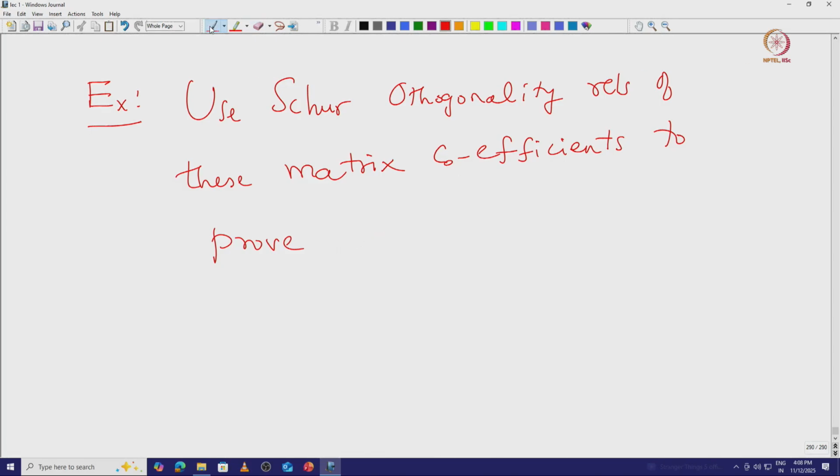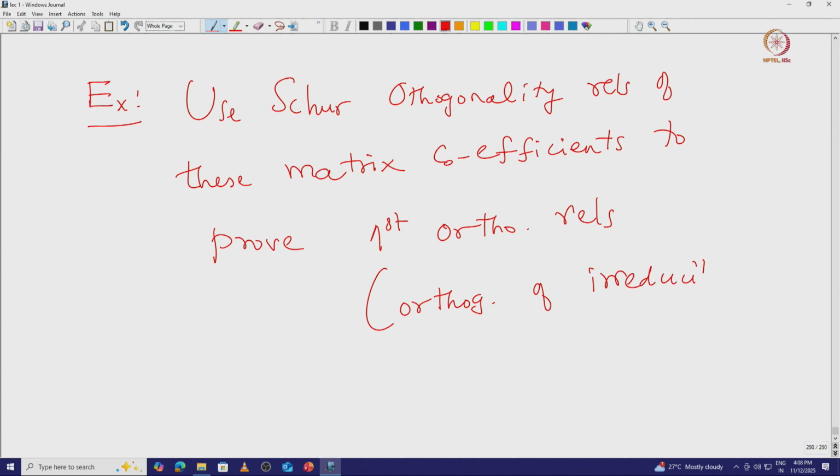The first orthogonality relation talks about the orthogonality of irreducible characters. This is something you can obtain directly using the Schur orthogonality relations of matrix coefficients.